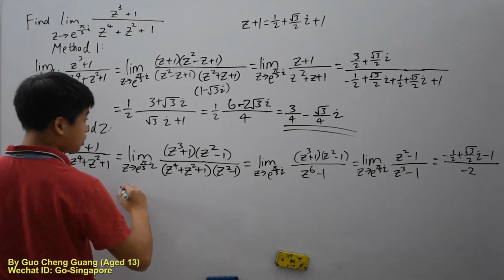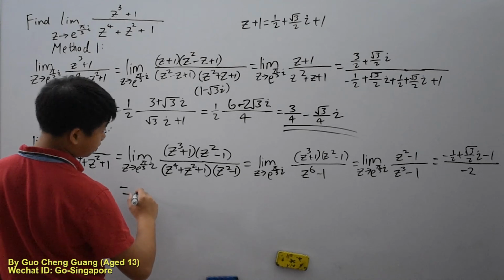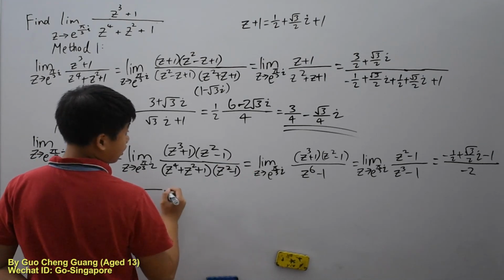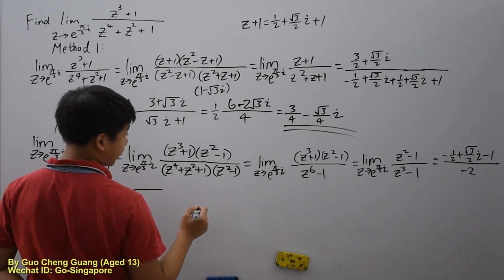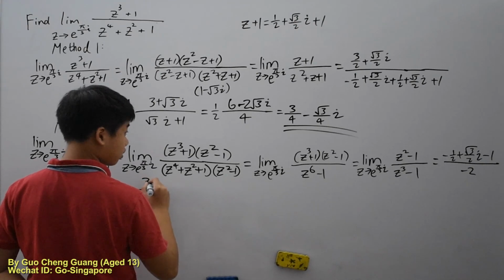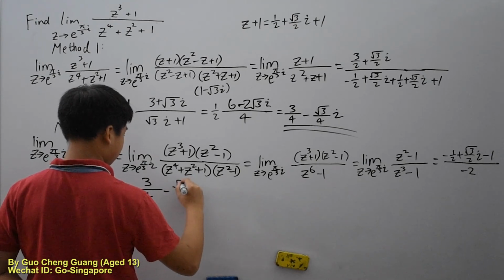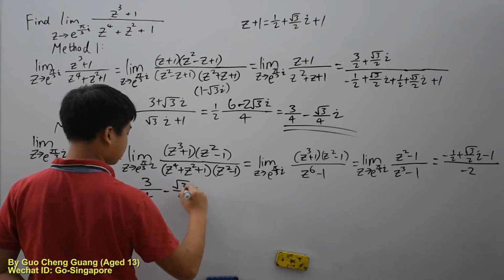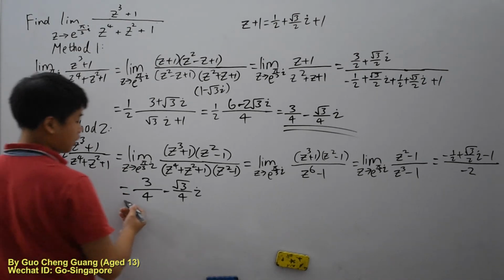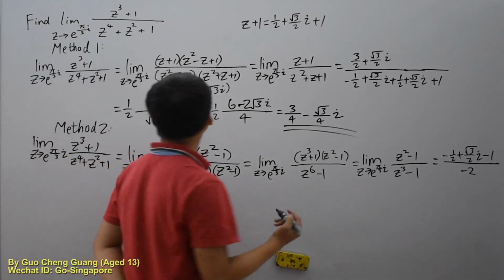And since you have this part, you could take out that negative, or you can just put it inside. And thus, you will get this part over here. And if you have realized it, so far, these two are the same.